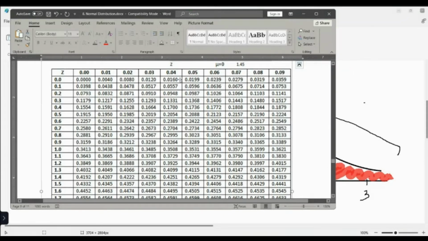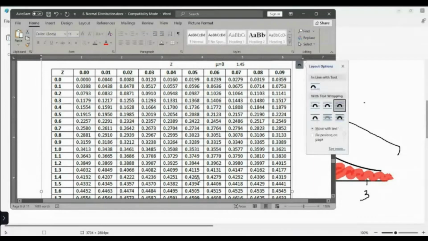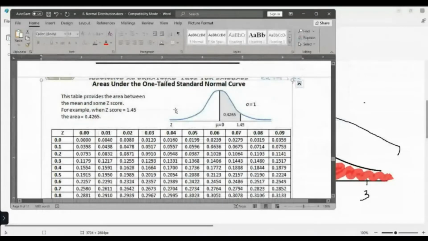All you have to do is identify which cell they meet, which box 1.4 and 0.005 will meet. And that is 0.4265. This means that from the mean up to a score with a z-score of 1.45, the area is 0.4265.